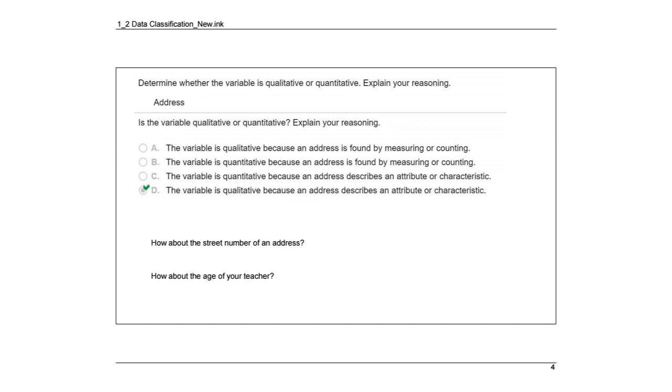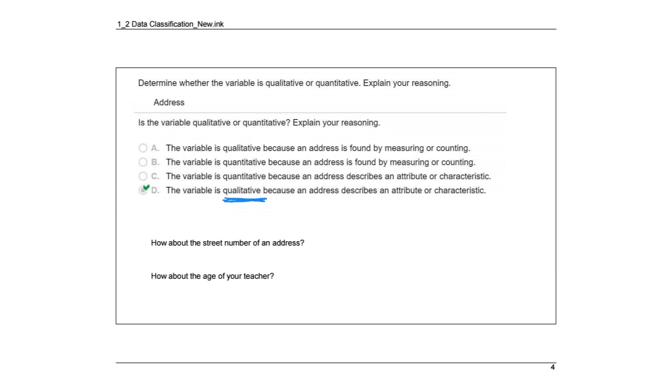All right, so here's the problem I was telling you about: address. I like to argue this one, but I kind of like to argue problems sometimes. So an address is really going to be qualitative. My argument is, well, we put all the odds on one side of the street and evens on the other, so we're kind of doing something numerical, but we're not going to go there.